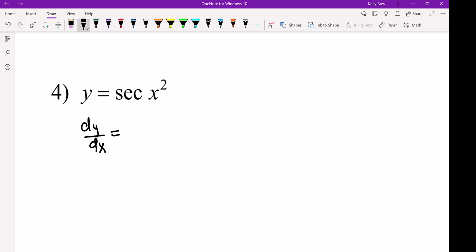The derivative of secant is secant theta tangent theta. And then the derivative of theta is 2x.